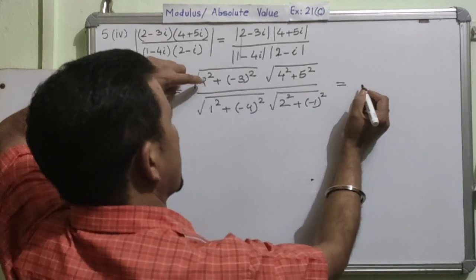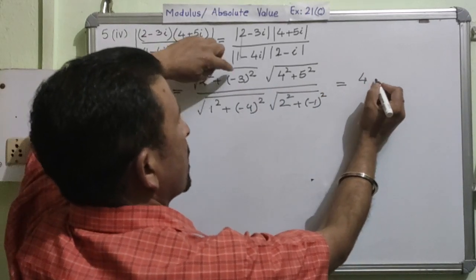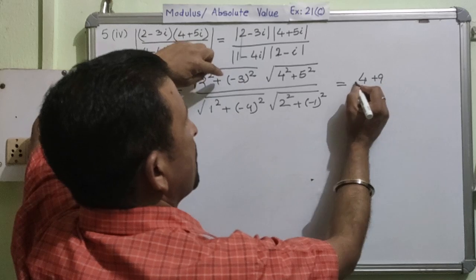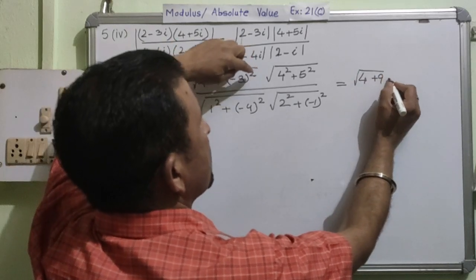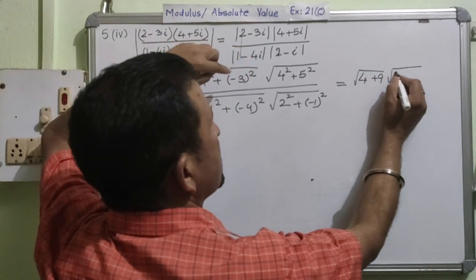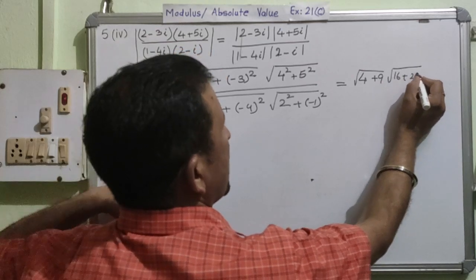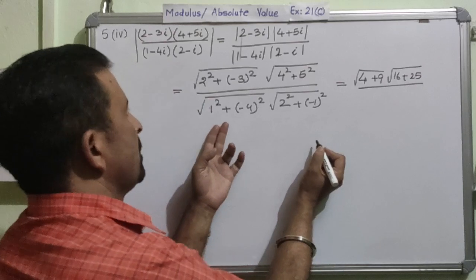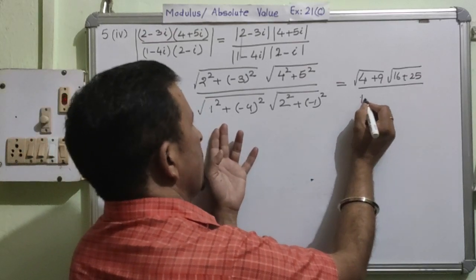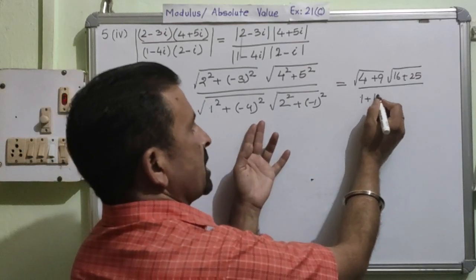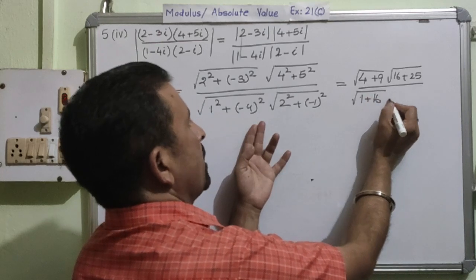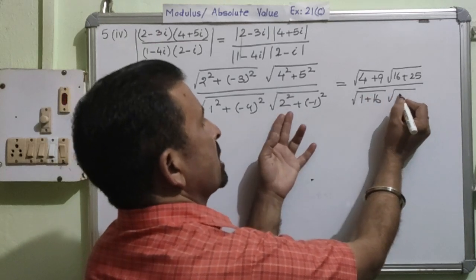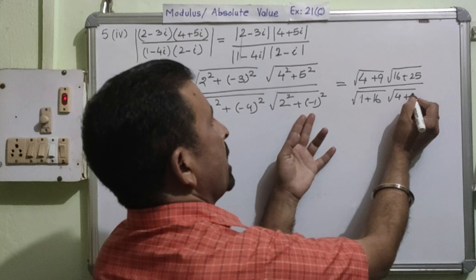Now, in the numerator we will have the square of 2 as 4, the square of minus 3 as 9, and then root over the square of 4, which is 16, plus the square of 5, which is 25. In the denominator, 1 square is 1, plus minus 4 square is 16, and then root over 2 square, which is 4, plus 1.